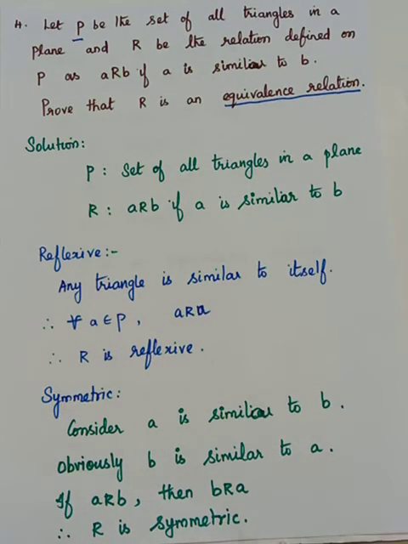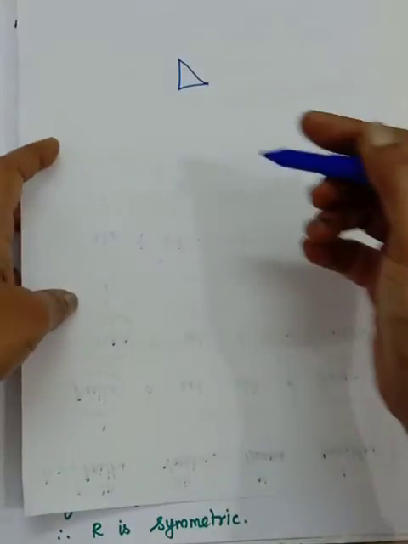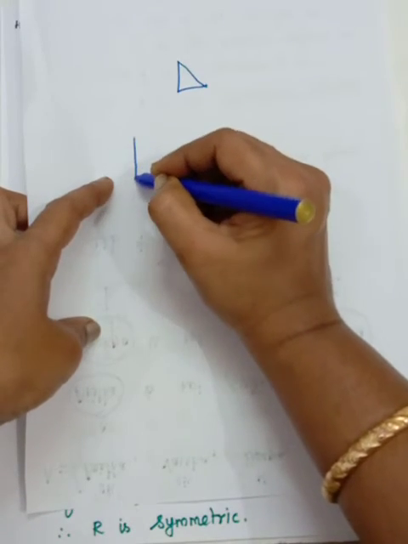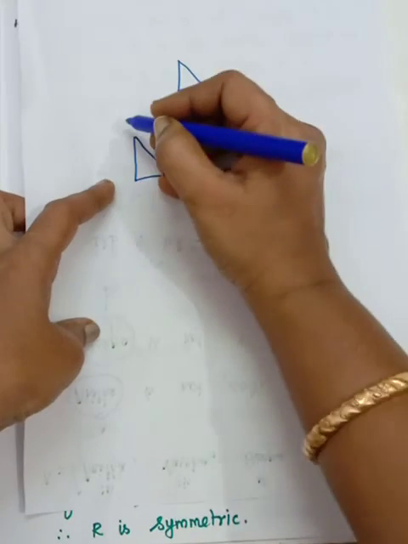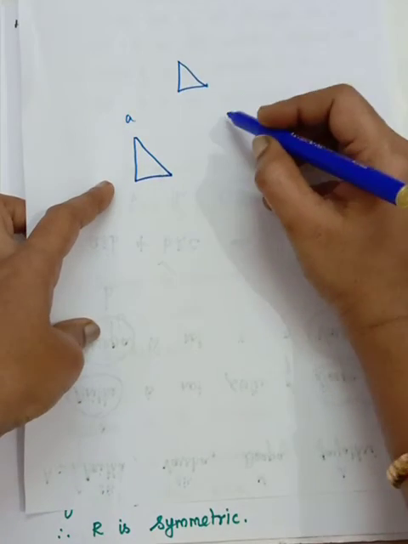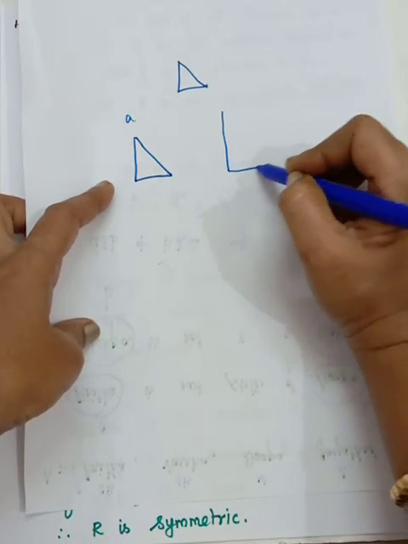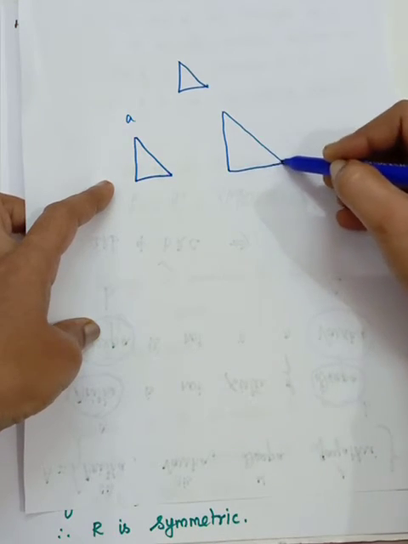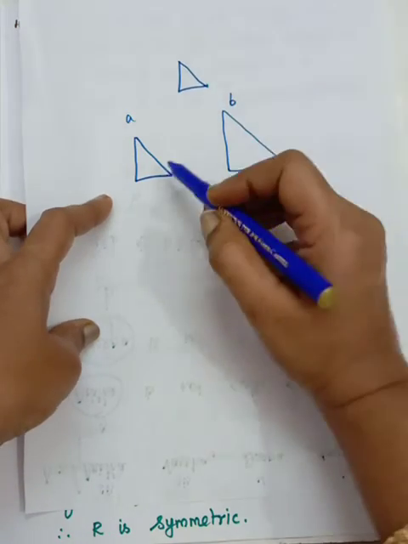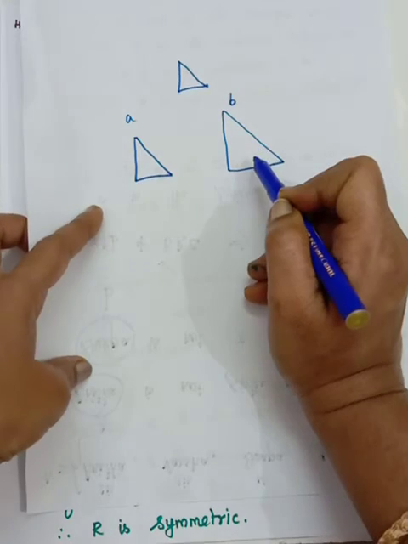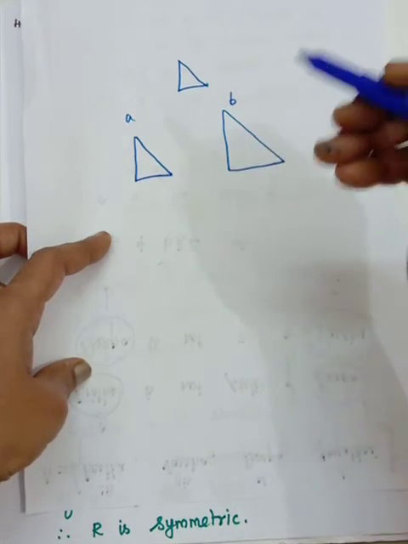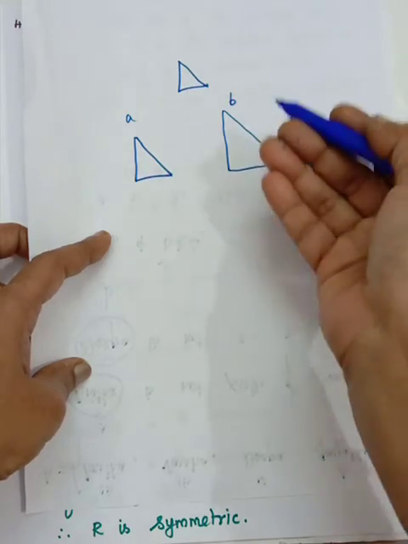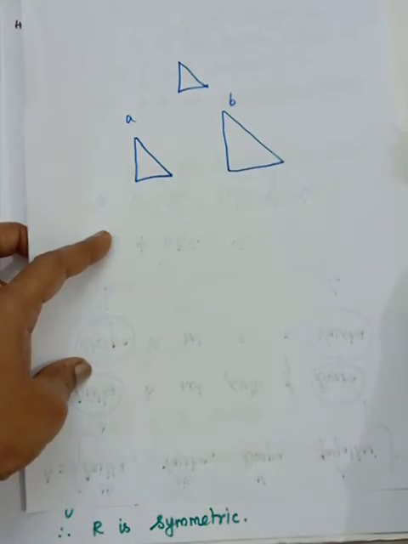Next we have to go to symmetric. Symmetric, what you have to do? You have to consider one triangle. Okay, so this is your A, and you'll take another triangle which is similar to A, so it is B. So now we'll say A is similar to B. If we consider, definitely B is similar to A. Yes or no?